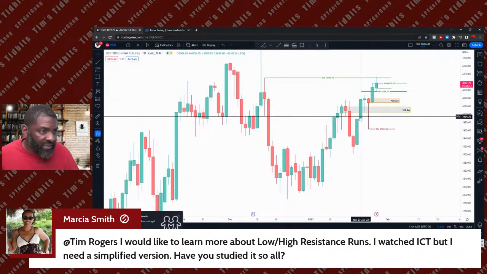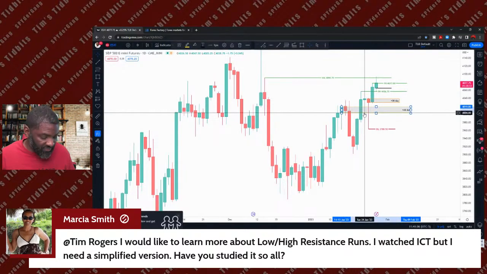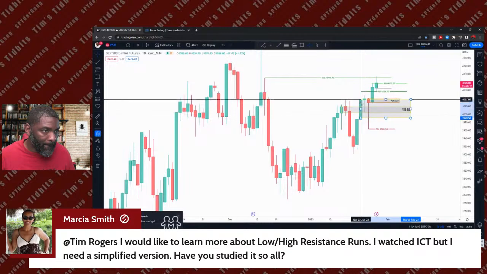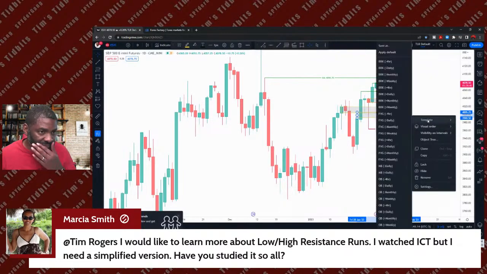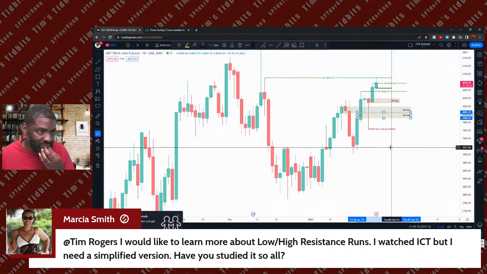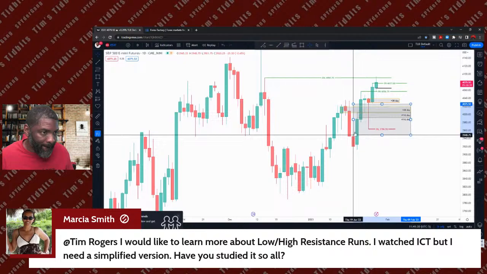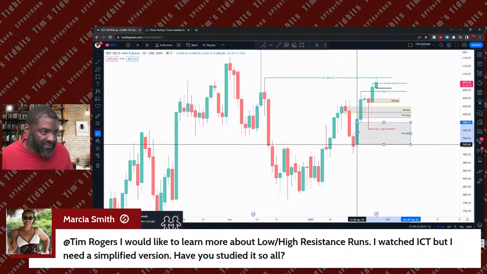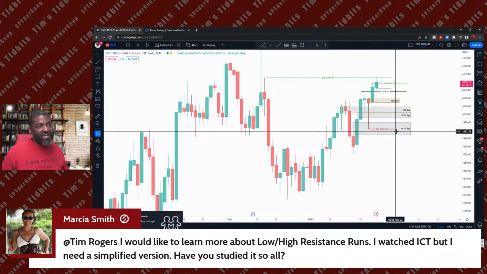We have a daily fair value gap. We got 2 daily fair value gaps. Y'all see where I'm going with this already. And that sell side is right at the consequent encroachment of that daily bullish fair value gap.